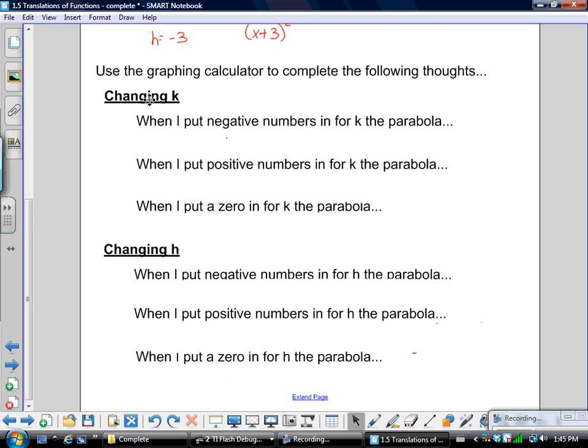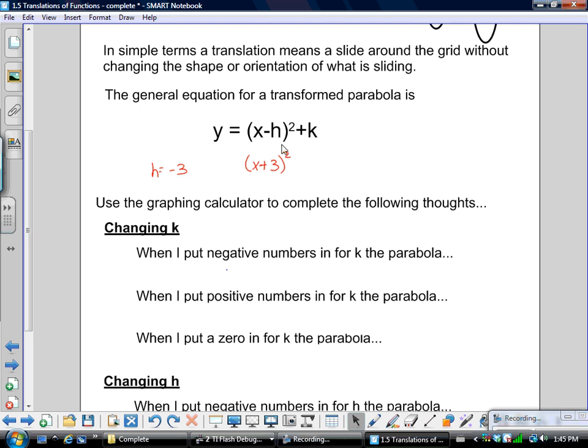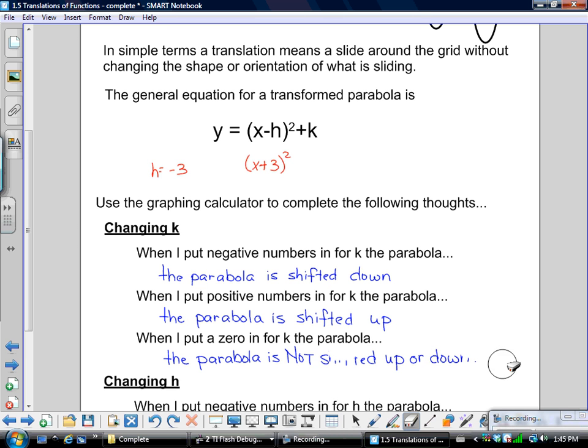So when we changed the k, that was after the squared part. If we have a negative, the parabola is shifted down. If we put a positive value in for k, the parabola is shifted up. And if we put 0, the parabola is not shifted up or down. It just stays in the same place.